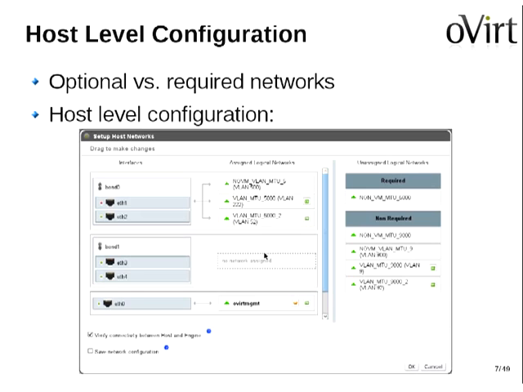So we go to each host, and there's a button called Setup Networks there. We click Setup Networks, and what we see is this dialog. On the left side, we can see the host physical interfaces. You can see the host has some bonds defined, and the bonds contain some physical NICs.